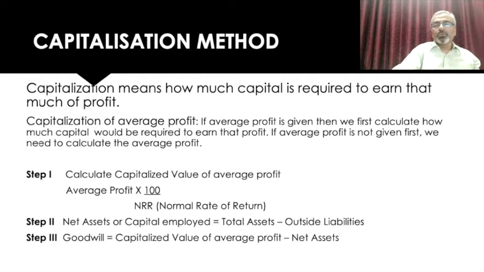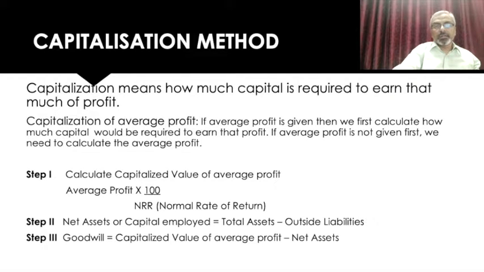I'm sure you know how to calculate it. We'll do the total of the years of profit which has been given to us. It may be 3 years profit, it may be 4 years profit. We'll do the total of the profit and divide it by the number of years. Supposing it is 3 years profit, we'll divide it by 3. Supposing it is 4 years profit, we'll do the total and divide it by 4. Then we'll get the average profit and we'll find out the capitalized value.